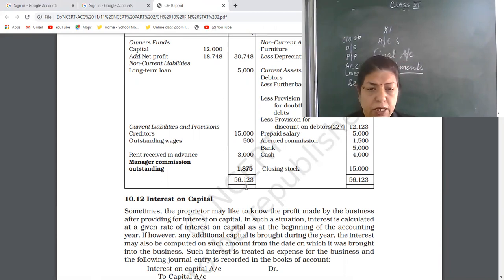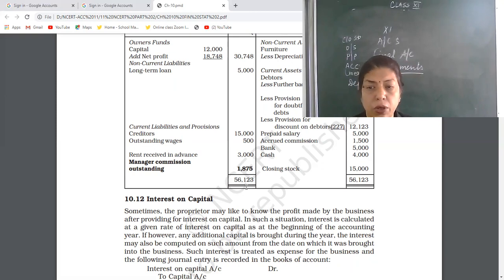Sometimes the proprietor may like to know the profit made by the business after providing IOC. So interest is calculated at a given rate on the opening capital.